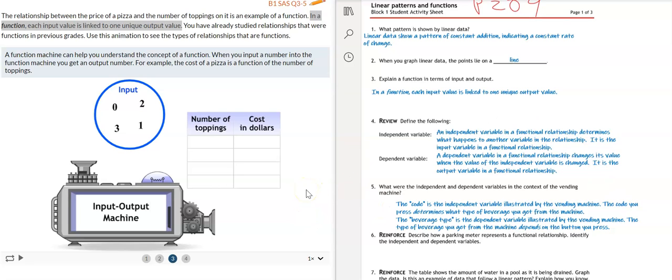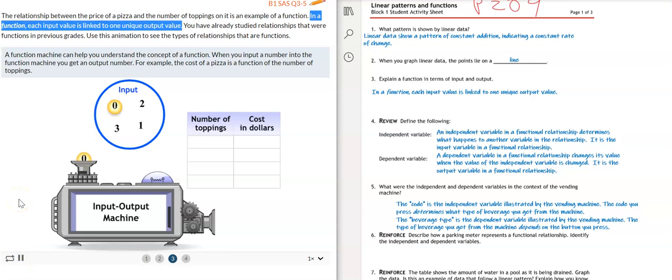All right, well, let's go back and take a look at the situation on the left-hand side of our screen. A function machine can help you understand the concept of a function. When you input a number into the function machine, you get an output number. For example, the cost of a pizza is a function of the number of toppings.